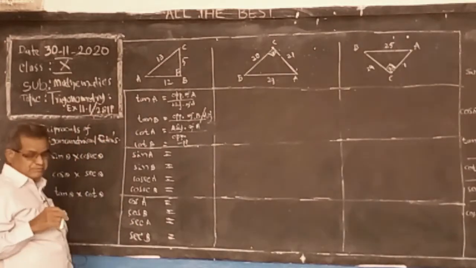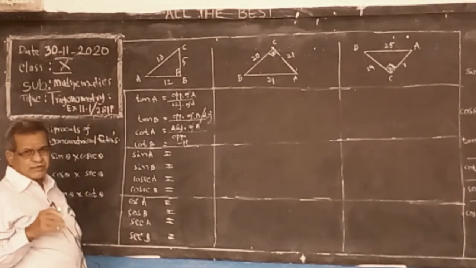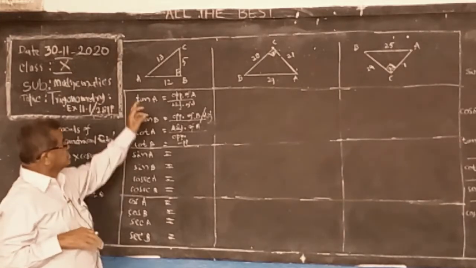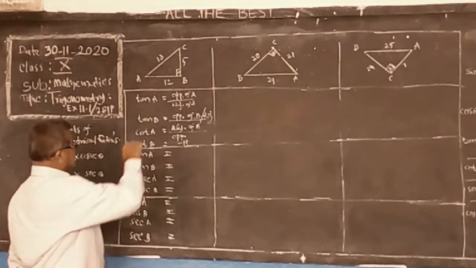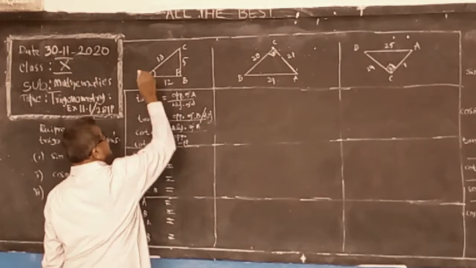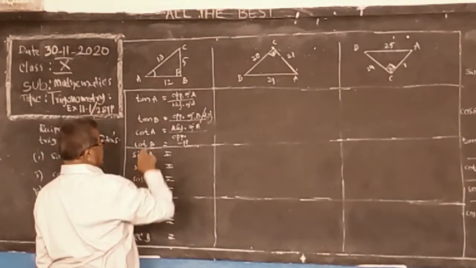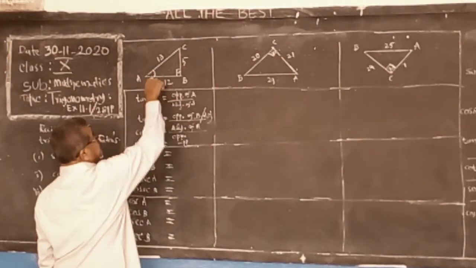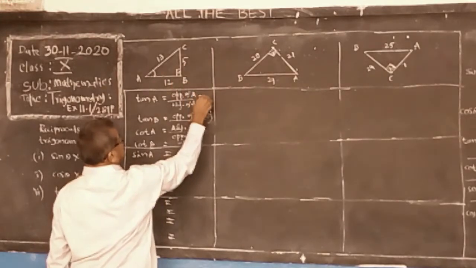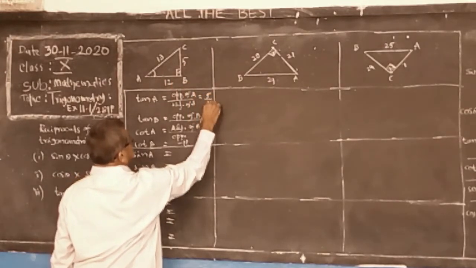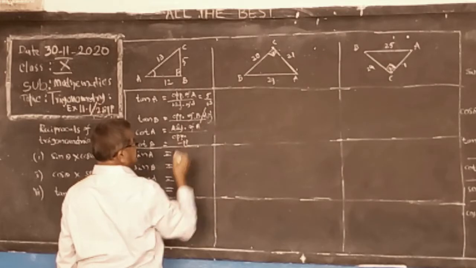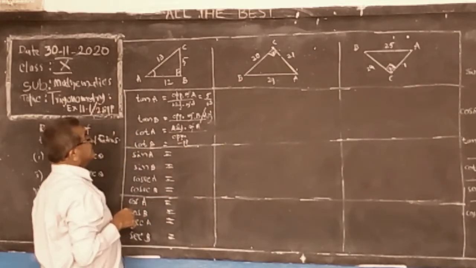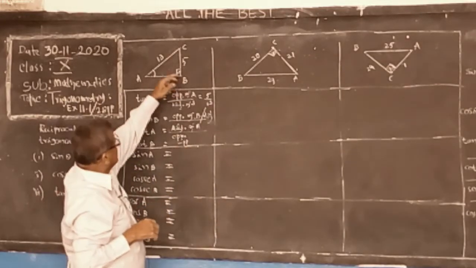First, tan A. What is tan A? By definition, the opposite side of the angle A. Angle A, opposite side of the angle by adjacent side, 5 by 12. Tan B. B is here.